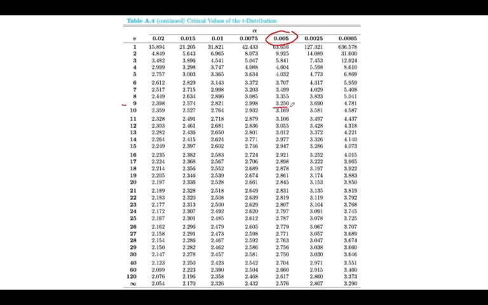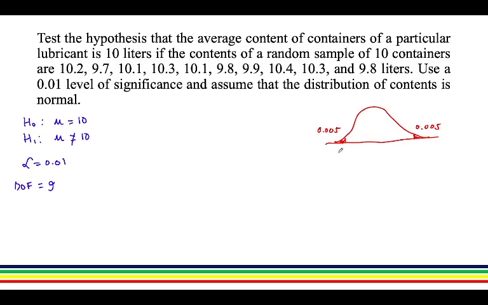So we'll have 3.25. Those are the critical values of the t. The value here is negative 3.25, and on the right side we have positive 3.25.